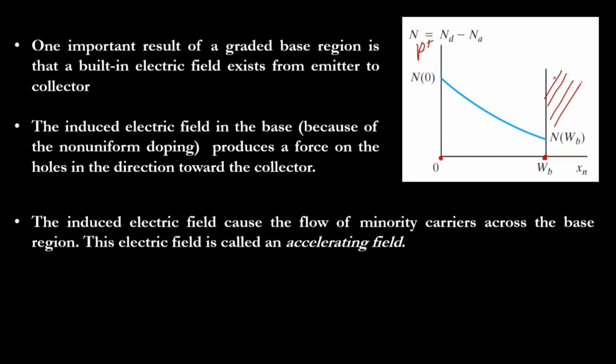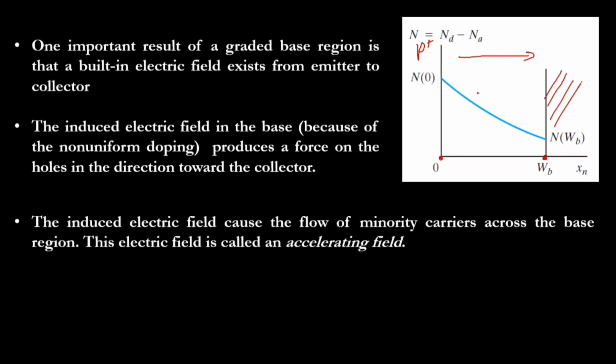This is the collector region, right? So it is less compared to the emitter region. So there will be an inbuilt electric field existing in this direction in the base region.